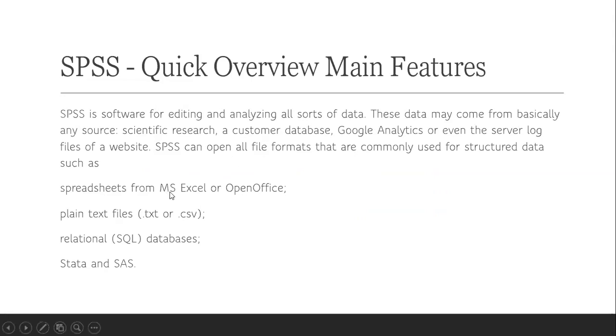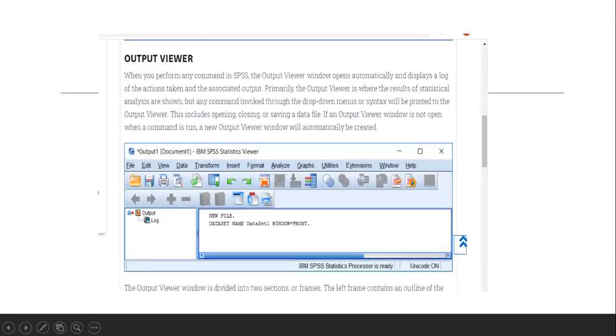For example, if you have entered your data into Excel, you can open it using SPSS, right? These extensions are also from other types of software. SAS is another software.